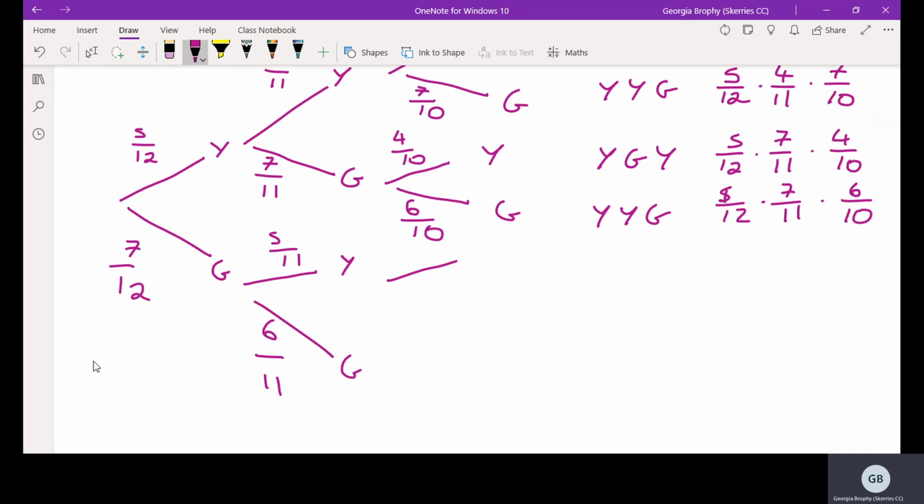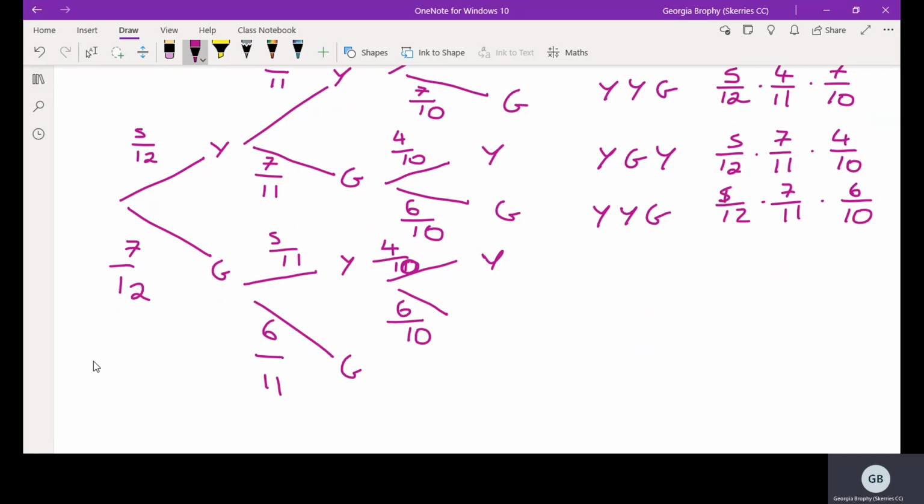If we went green, yellow, yellow, our probability here would be 4 over 11. And our probability of green, we've already chosen 1 green. We started off with 7 green, so we've got 6 over, sorry, not over 11, over 10. We've chosen 2 beads already.